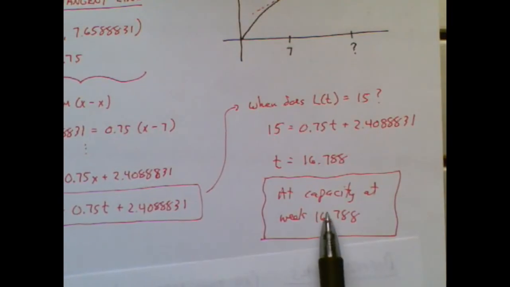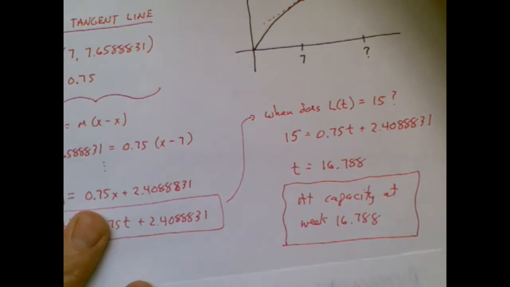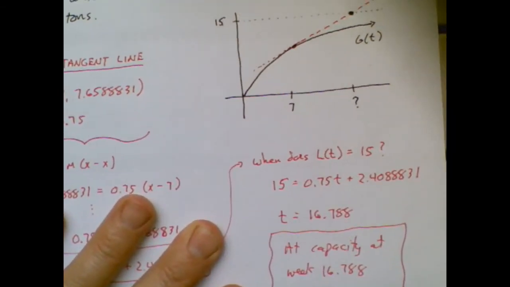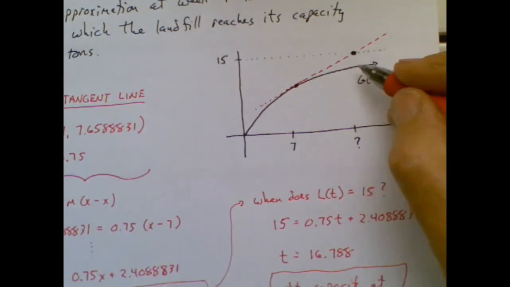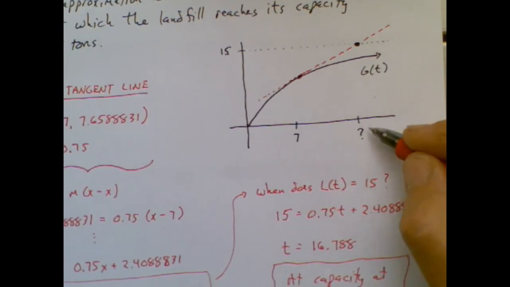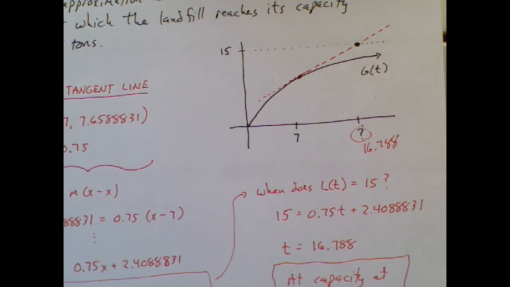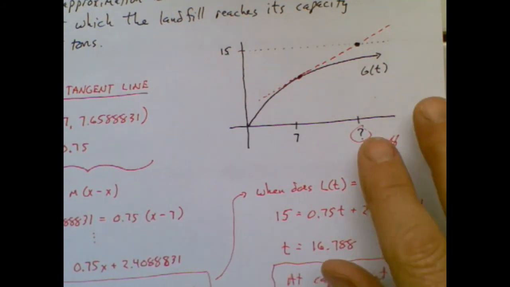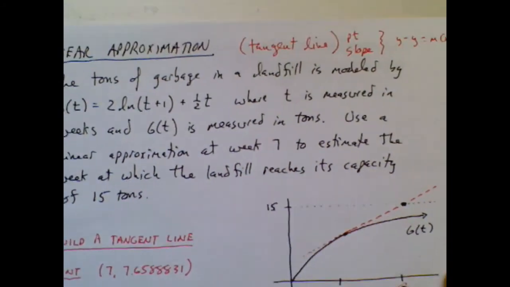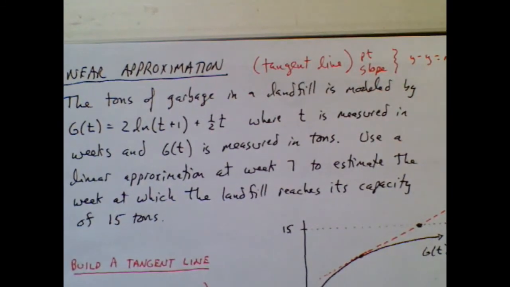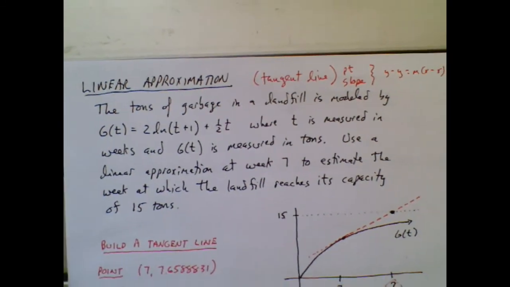So my final answer is 16.788. Now I've rounded to 3 decimals for AP accuracy. And what that's basically saying is this intersection happened at 16.788.